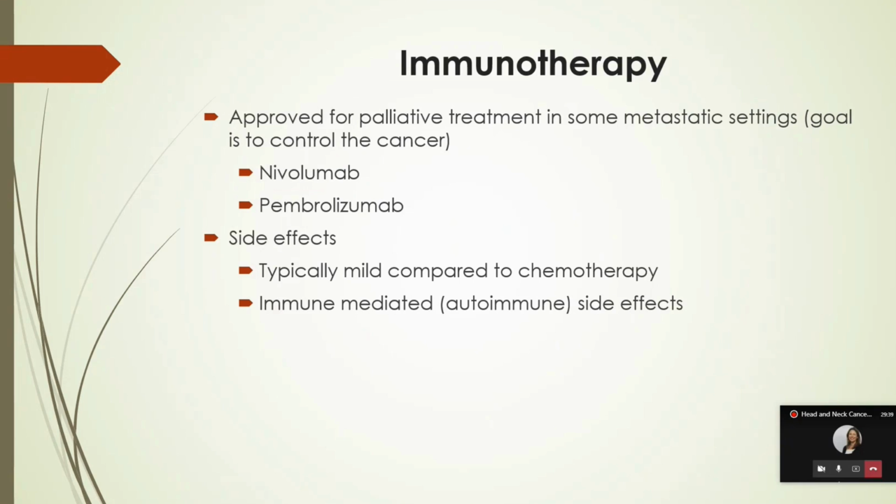These side effects are immune mediated, meaning that they're autoimmune in nature. With immune therapy, we're harnessing the body's immune system to attack the cancer. The side effect is that the immune system can get out of whack and cause some trouble somewhere in the body, and that's what these autoimmune side effects are that we monitor people for.